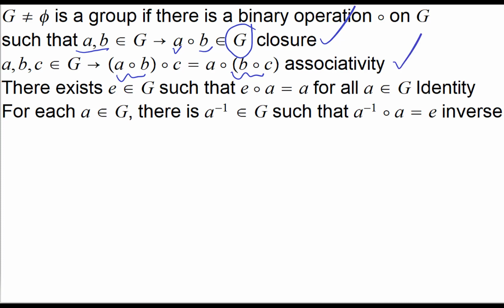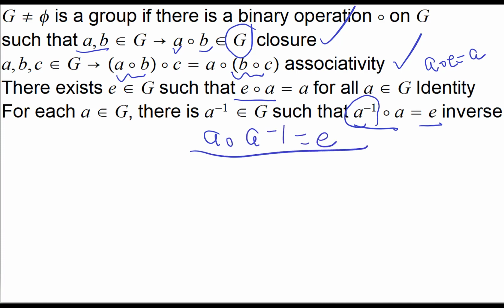And we have an identity such that e o a is a for every a, and actually we saw that this also holds true if this holds true. And for each a, we have an inverse such that a inverse o a is e, and we saw that a multiplied with a inverse is e as well.